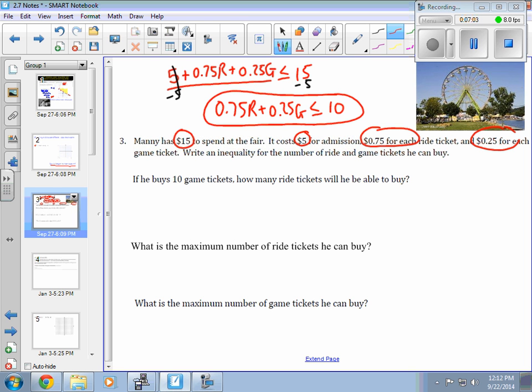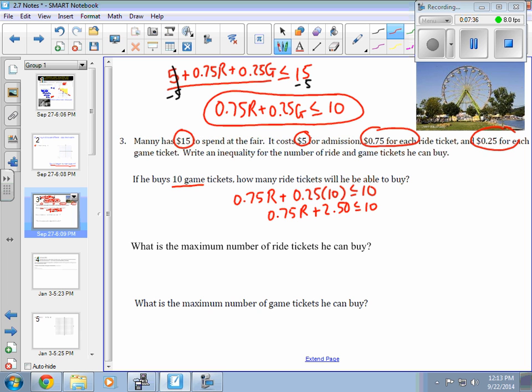All right, so for the first question, it says if he buys 10 game tickets, how many ride tickets will he be able to buy? Well, we should be able to find that out. If we plug in 10 for the game tickets, substitute that in, it shouldn't be too hard to solve for how many ride tickets. So by doing a little substitution here, if we multiply 25 cents times 10, that gives us $2.50.